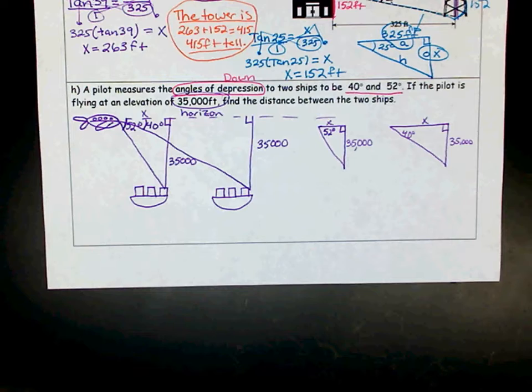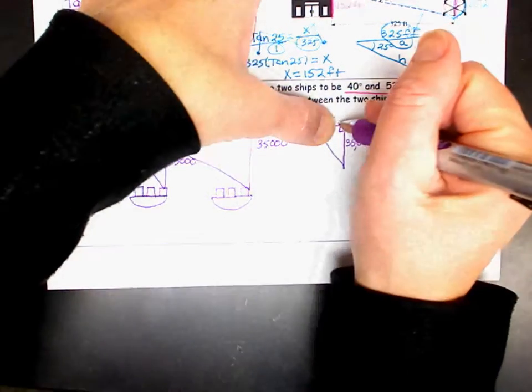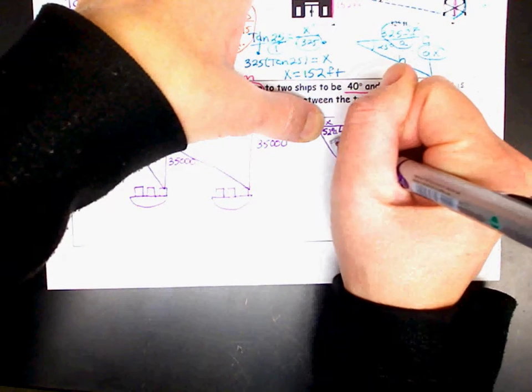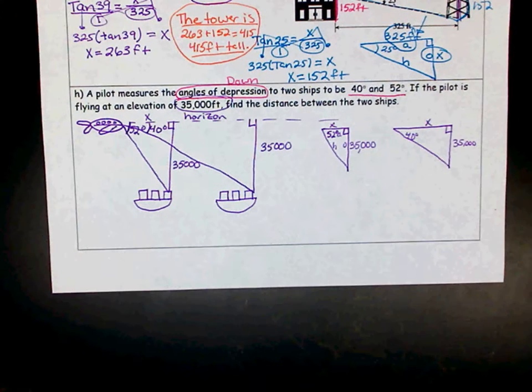So we're going to label. Again, I'm going to put my thumb on it. The side that my thumb touches, that is not the hypotenuse, that's my adjacent. This is the hypotenuse, and this is the opposite side then, because it doesn't touch my thumb. We'll do the same thing over here.